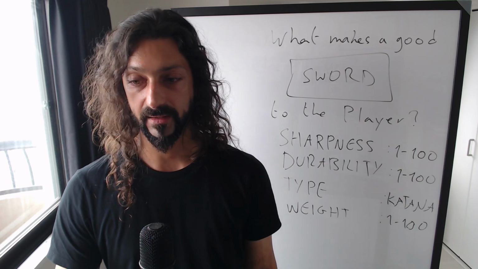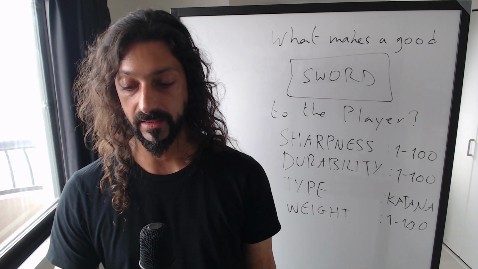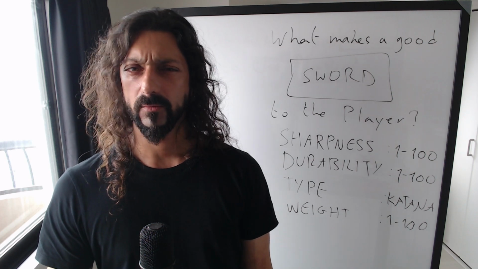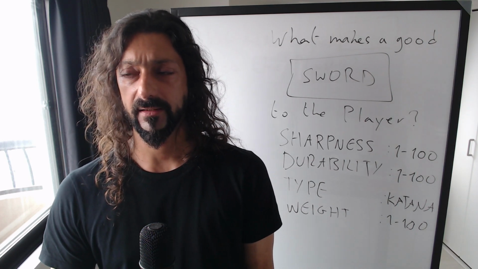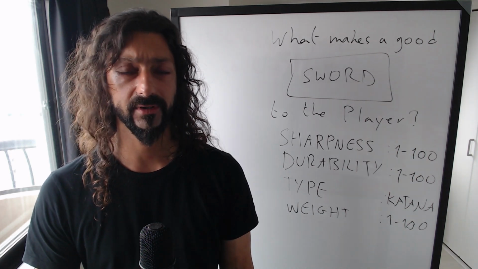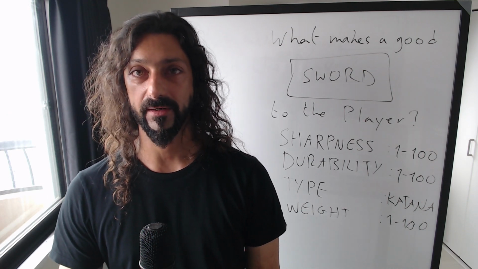So in many games you see attack power, for example, 17, and you think, well, what does that 17 mean? Is it 17 damage? Is it 17 out of 100? Is it something else? It can be very mysterious.